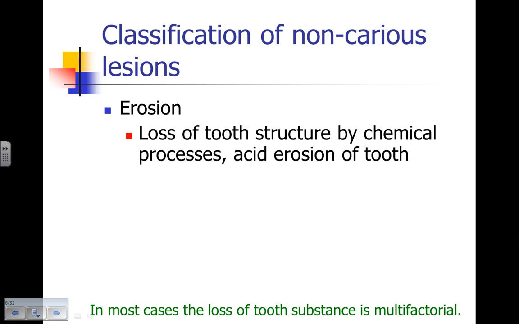On the occlusal surface, normal function and parafunction, bruxing and clenching, can cause an accelerated loss of tooth structure with erosion. In fact, that would be erosion with attrition. When we see a patient brushing away softened enamel, softened dentin, that's a combination of both chemical erosion and abrasion.